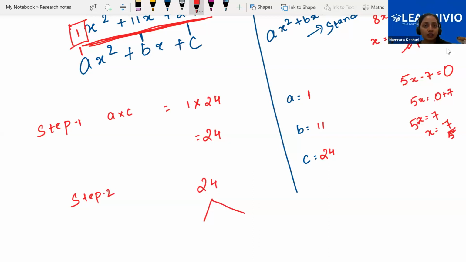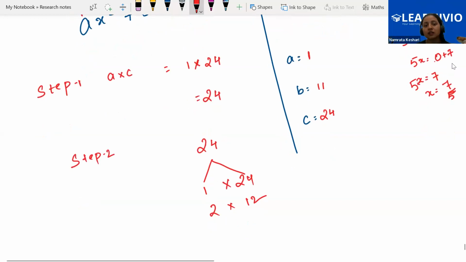So you can write all the possibilities, whatever is coming to your mind. I'm thinking about 1 into 24 is also 24. The other possibility can be 2 into 12 is 24, right? The other possibility can be 3 into 8, that is 24. Getting my point, Gungun and Junaid?